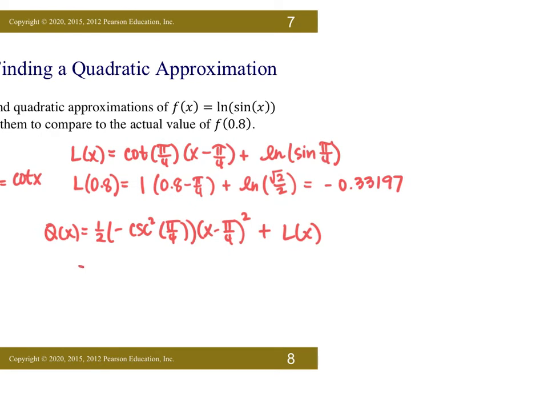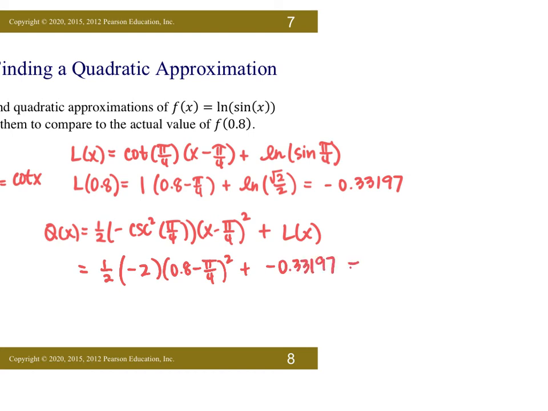Okay, so my quadratic approximation would be 1/2 times, now the cosecant of pi/4 is 2 over rad 2. So squared, that turns out to be 2, so we have negative 2 times 0.8 minus pi/4 to the second, and then plus the value we got for our linearization.